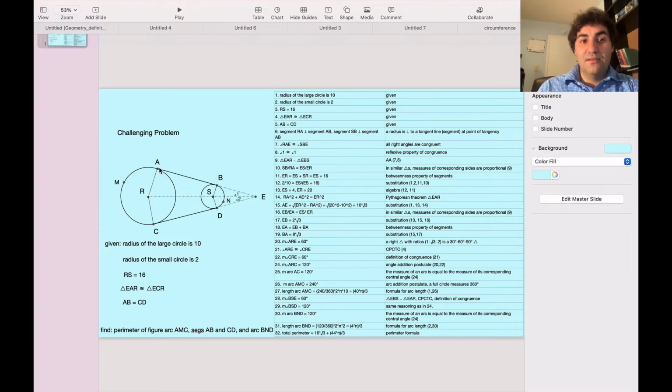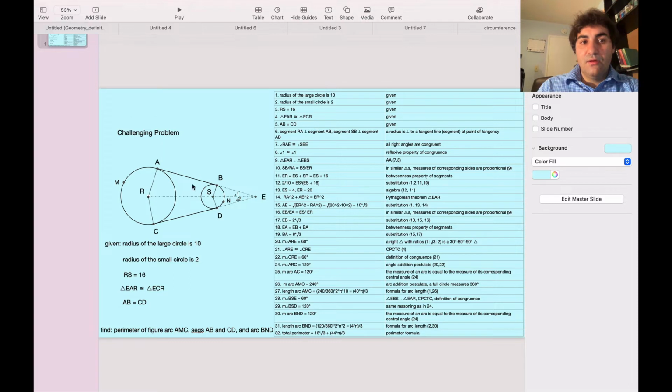I didn't write it down, but segment EA is a tangent segment, so these two segments are perpendicular at the point of tangency. Segment SB and segment EB are also perpendicular because segment EB is a tangent and segment SB is a radius.